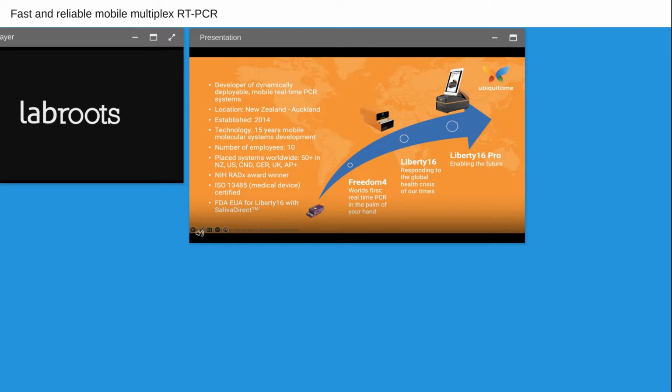Alongside that, we are one of the few winners, especially outside of the US, one of the few companies that have received the prestigious NIH RADx award. We have also received ISO 13485 certification, as well as an FDA emergency use authorization for the Liberty 16 with Saliva Direct for the detection of SARS-CoV-2 or COVID-19.